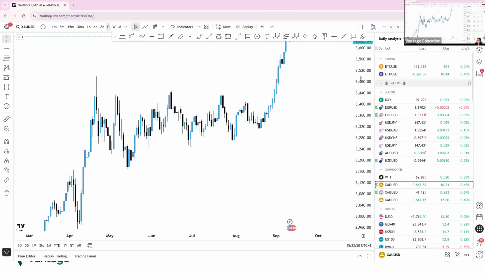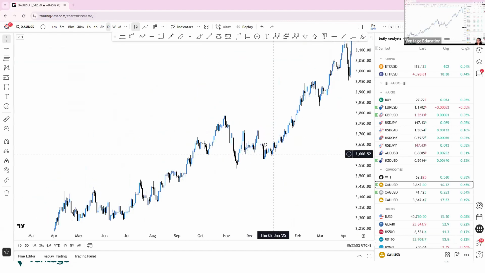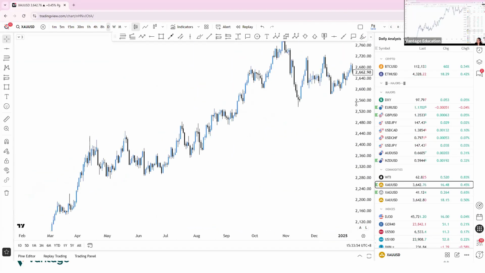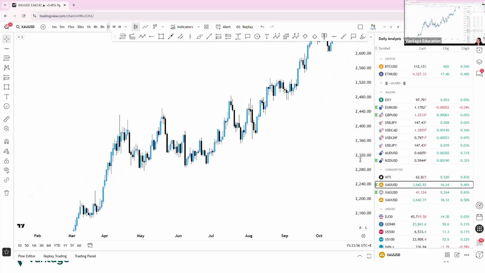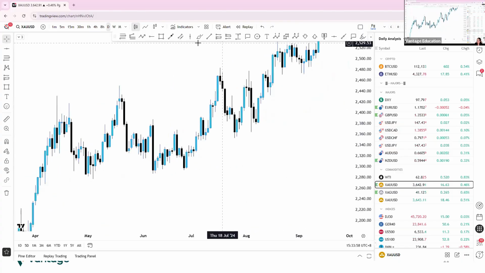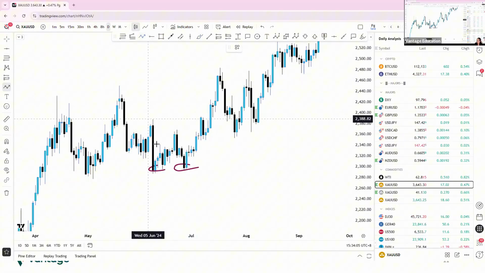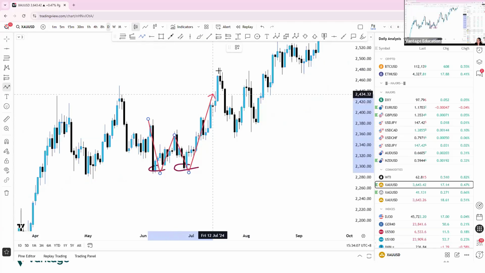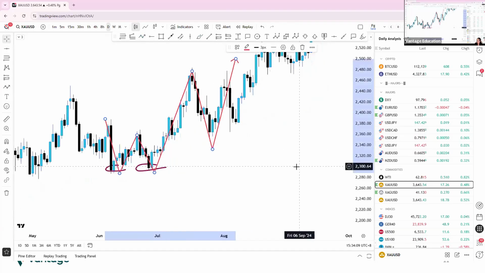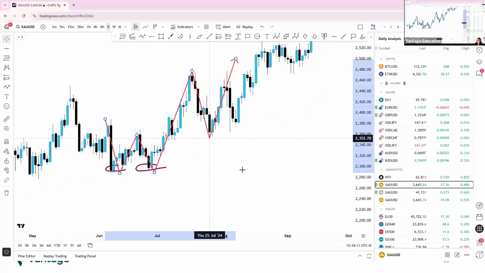Okay, based on gold on the D1 time frame, I would say that this is my double bottom, or you can say this W pattern, right? Boom, continue. You see here, right?